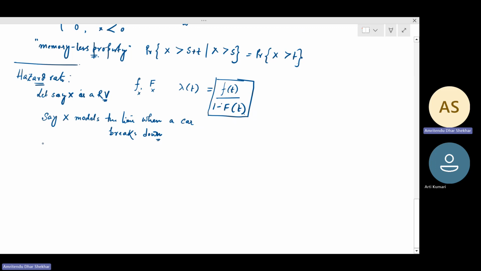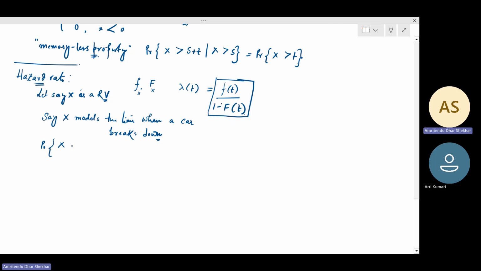So now, if we ask the question, what is the probability that x will last for a time of delta t?